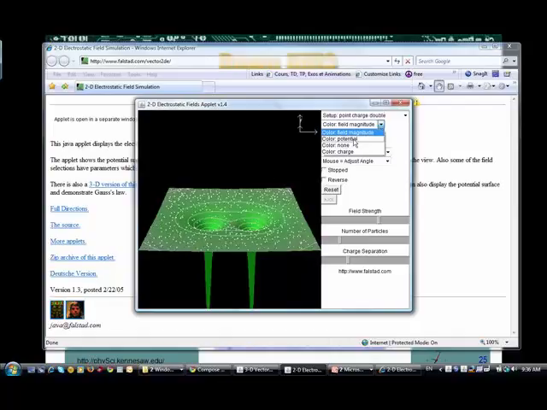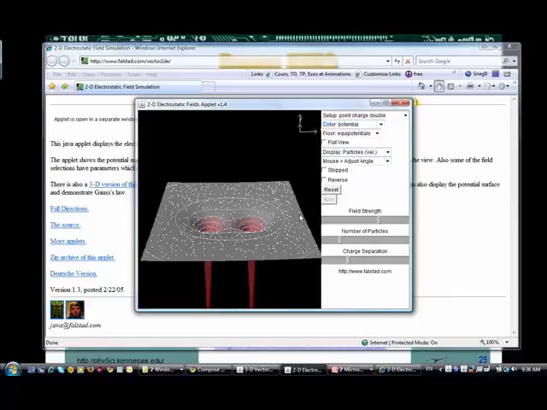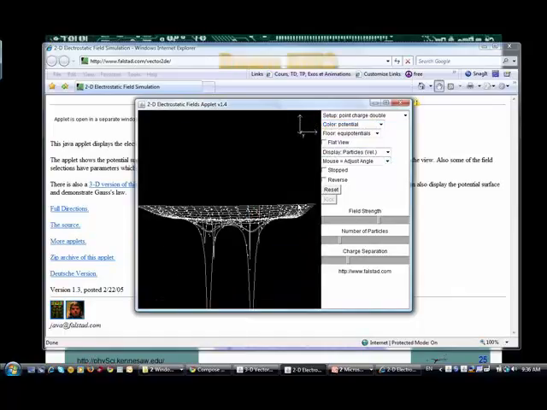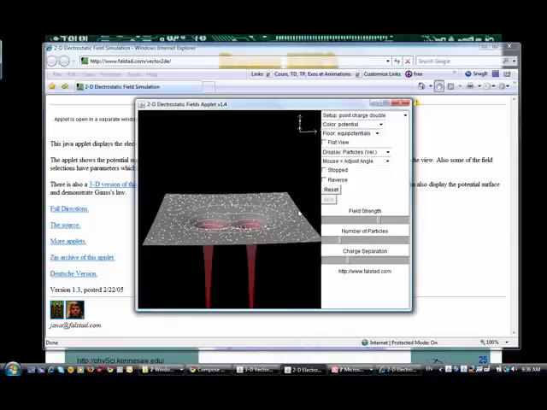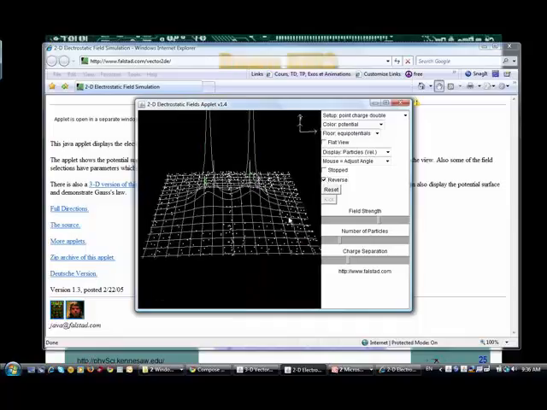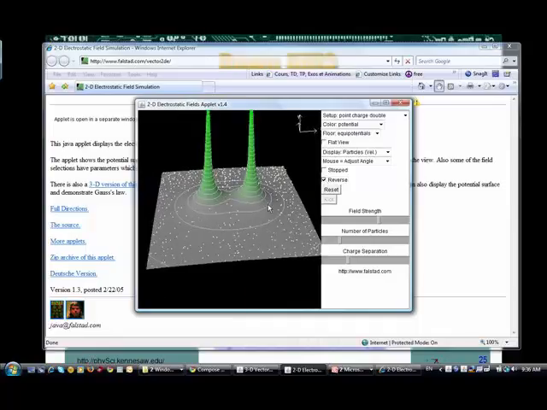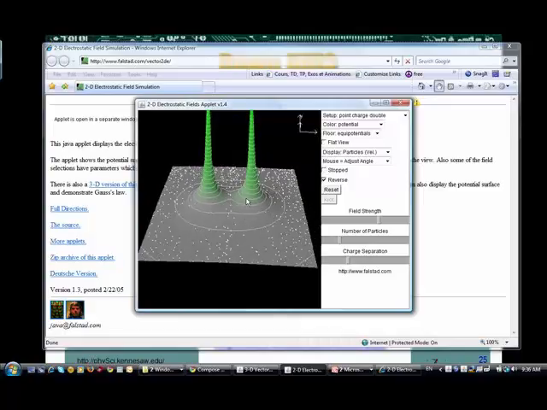The color showing us the potential. See here, it's a negative. Okay, and you notice here, let's reverse the charge. You notice here we have the big potential, and then the surface, the equipotential surfaces are somewhat like this.